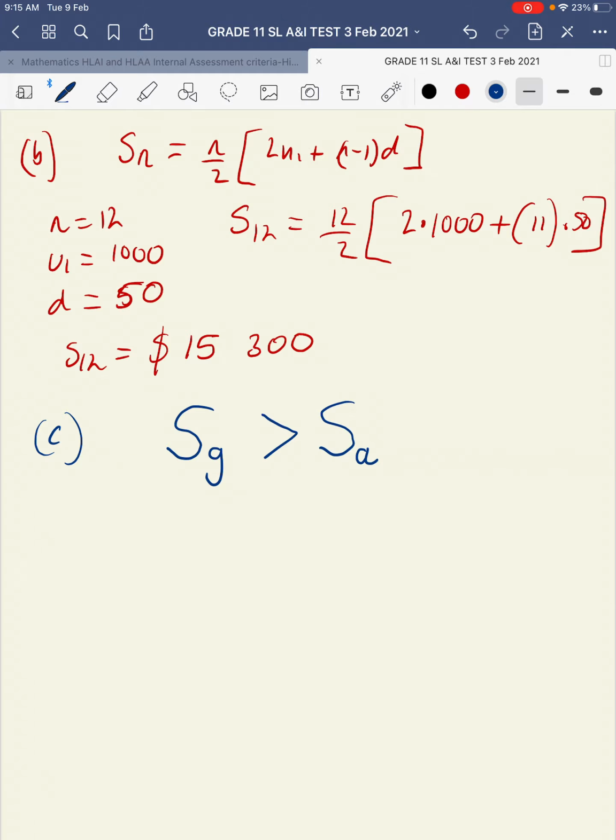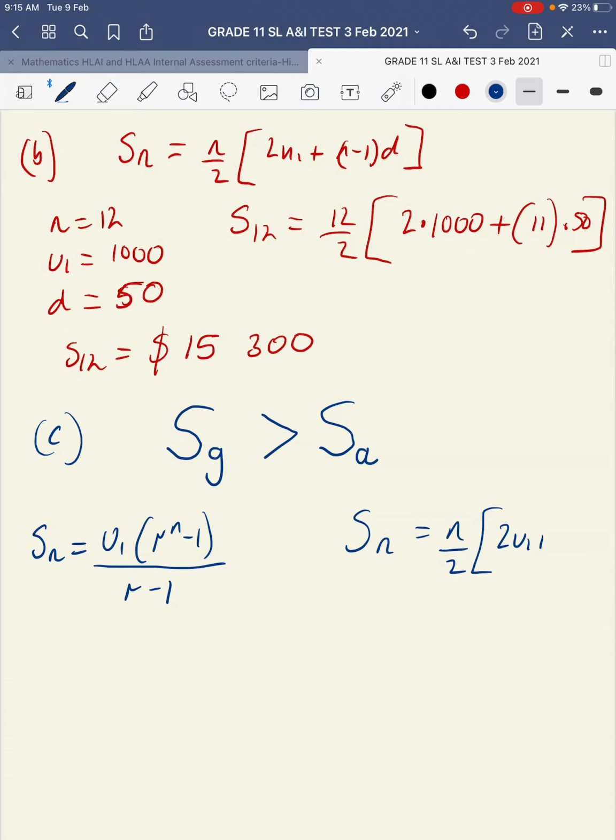Okay, so just a little bit of basic notation. Now let's think about the summation formula for Greg. Well, the summation formula for Greg is based on this one, because it's geometric, and the summation formula for Anne is based on this one, so let's go ahead and just fill in the gaps here.